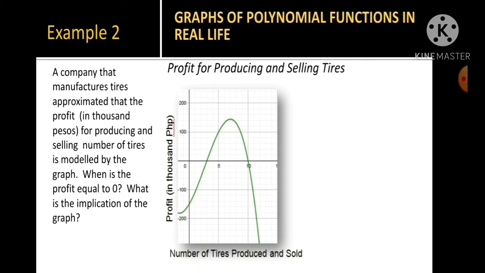Now, when we are asked when will the profit be equal to 0, we will look for the zeros of the polynomial function. Now, in this case, since we are given the graph, we are going to locate the x-intercepts.